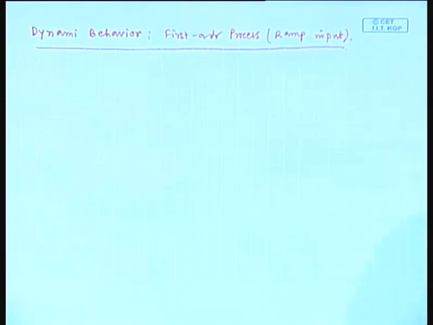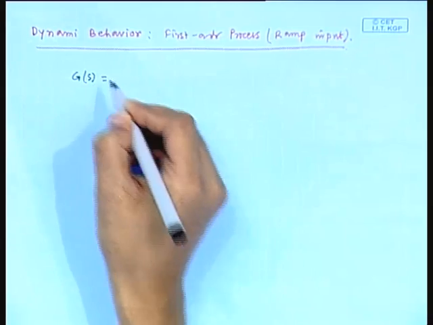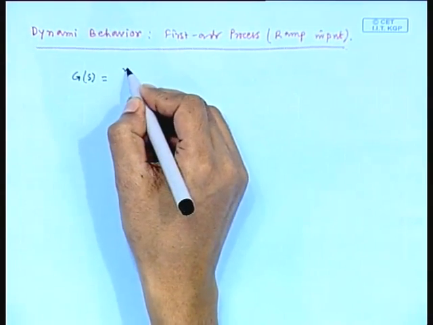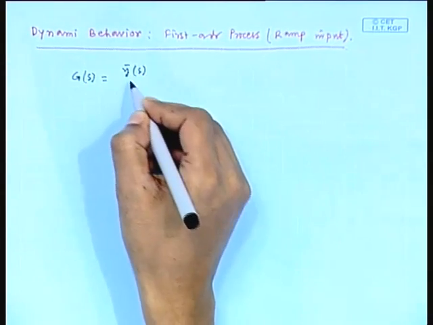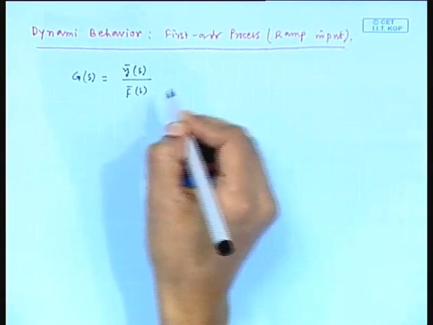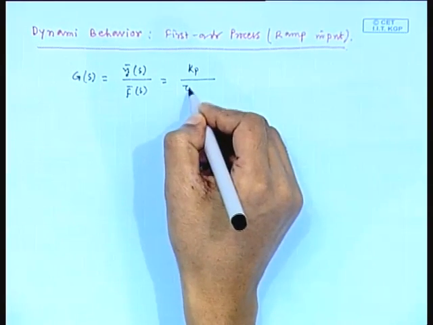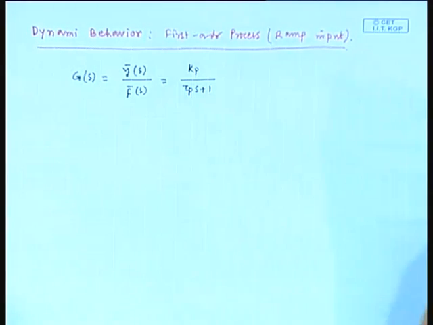So, we have already derived the transfer function of a first order system in general form, that is G(s) equal to y bar s divided by input, that is Kp divided by tau p s plus 1.